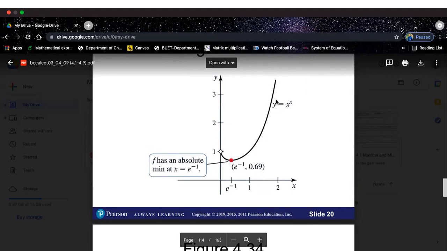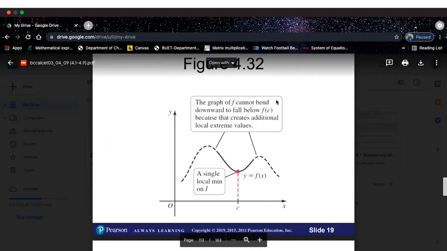So if we have only one local minimum, you can clearly imagine that should be the absolute minimum. Do you agree? Because if you have more than one local extremum, like this one, let's just consider this one without eyeballing anything else. We have two local maxima, right? One here and one here.